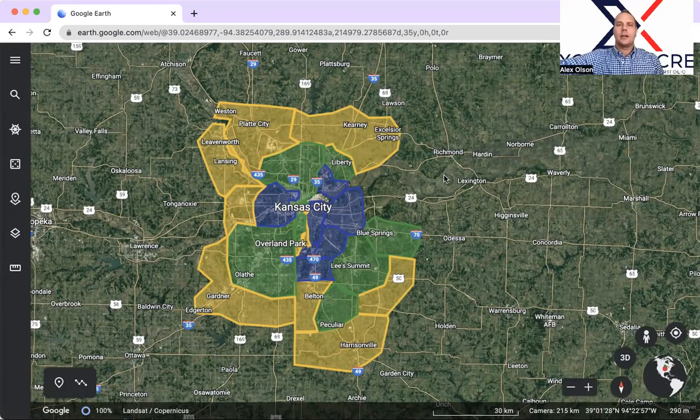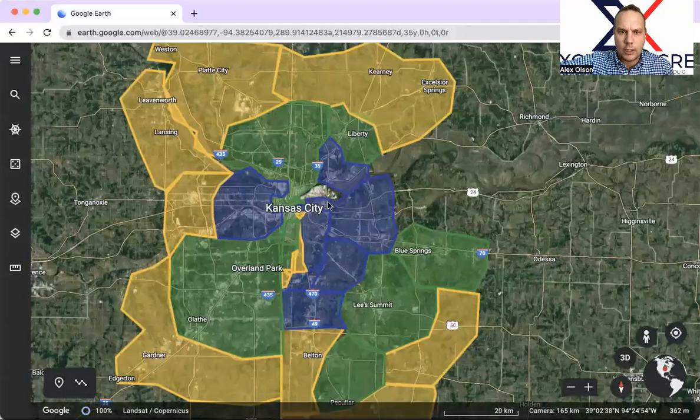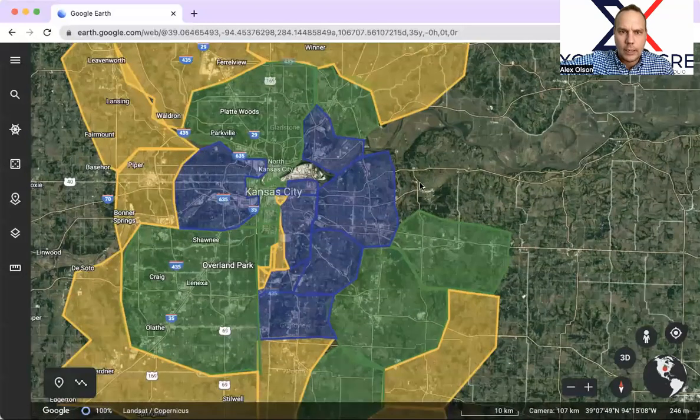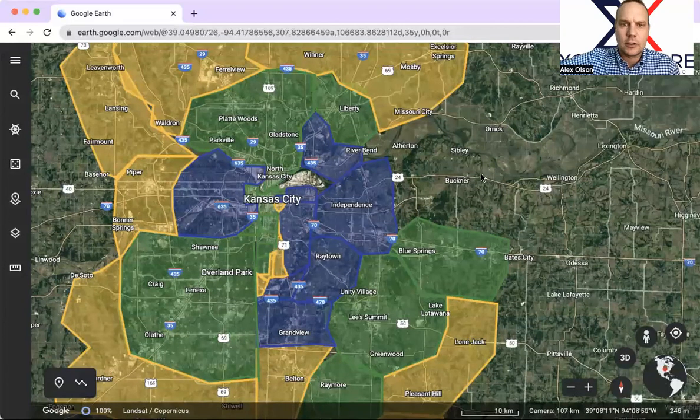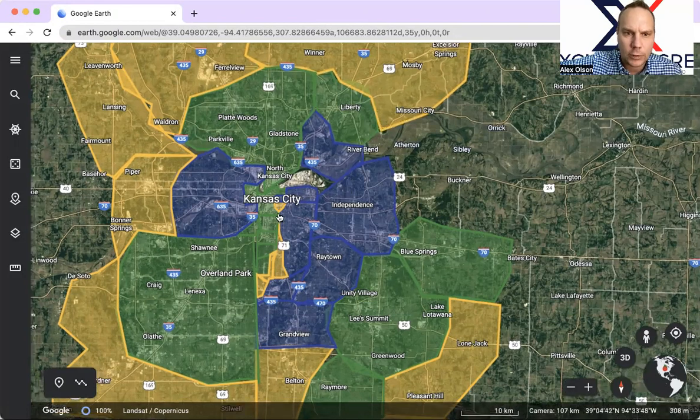So let's dive a little bit closer into the major submarkets. I'm going to first zoom into the core of the metro, which is what this map is showing us right here. Let's take a look at the inside part of the metro first, and we'll work our way out.